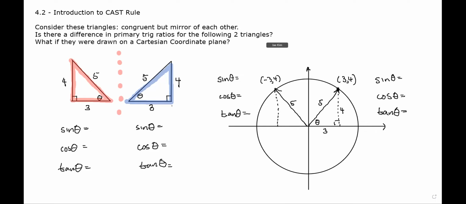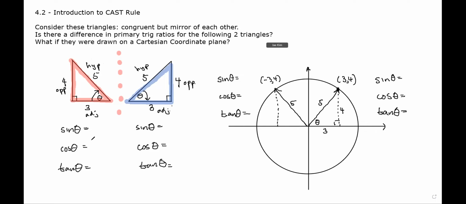The reason behind that is, remember, if we're dealing with theta, this is the opposite, that is the adjacent, and of course that's the hypotenuse. Although the triangle is flipped, my theta still calls the side with length 4 opposite, the side with length 3 adjacent, and the 5 is the hypotenuse.